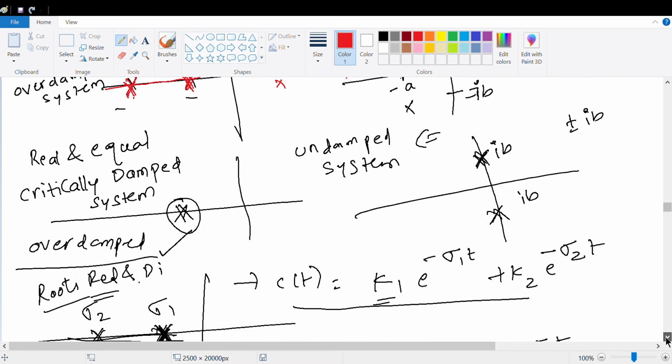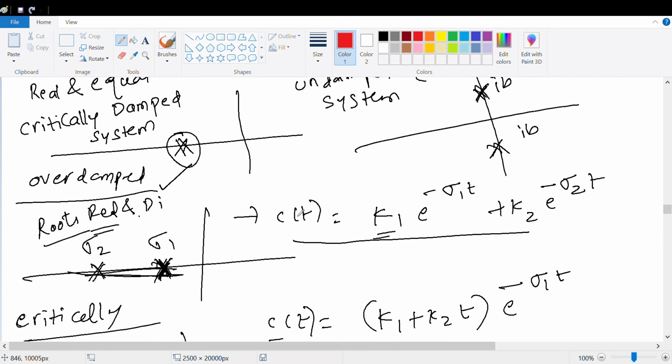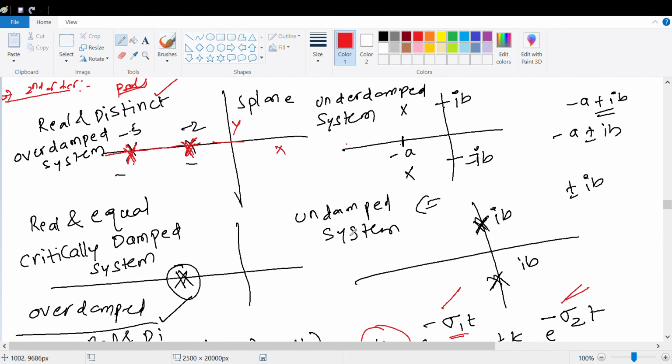The general step response becomes C of t equals K1 e power minus sigma 1 t, where K1 is a constant and sigma 1 is the first pole, plus K2 e power minus sigma 2 t, where sigma 2 is the second pole. Now, if you equate the denominator to 0 and the poles are equal, we say real and equal poles, real because they are on the x-axis.